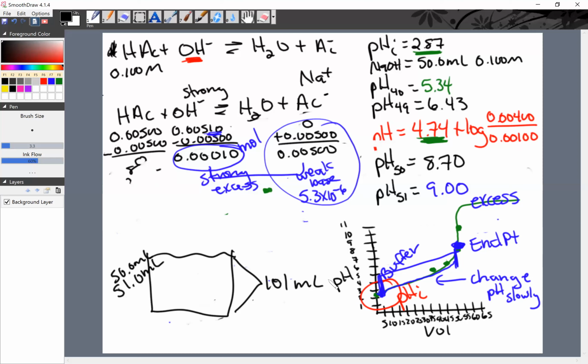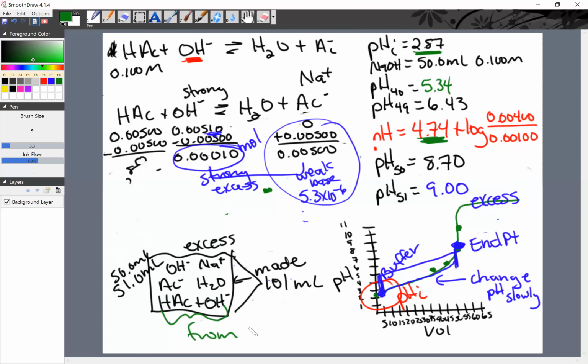And what's floating around in there is sodium and hydroxide from the excess, the acetate and the water that was made, and then those two will react together from that weak base.